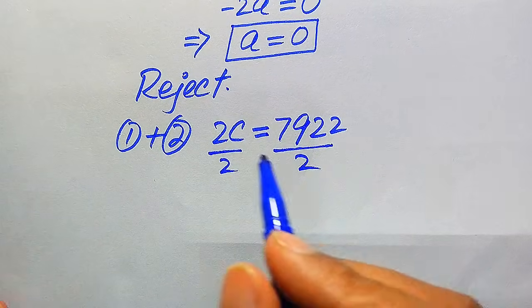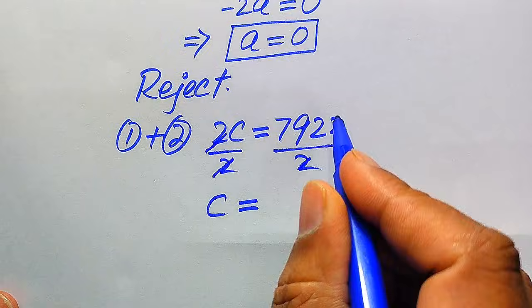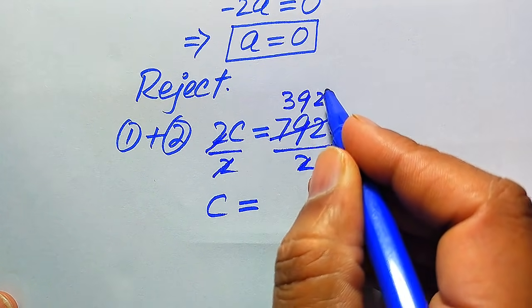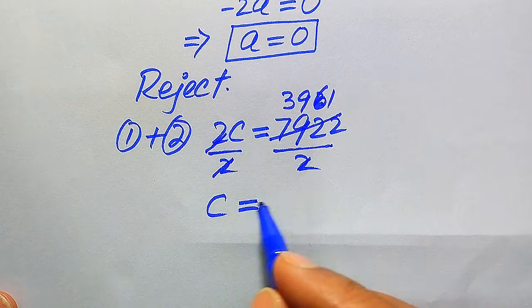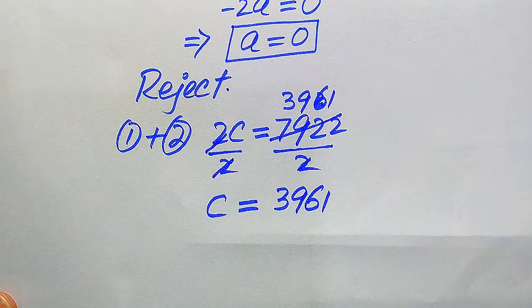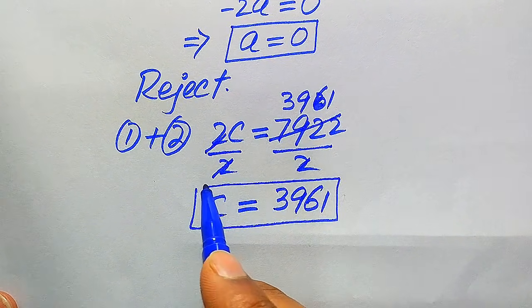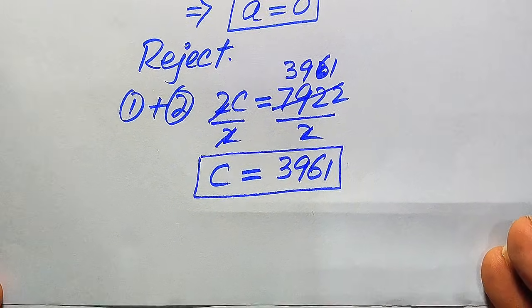When we divide both sides by 2, the 2 and 2 are gone, and we get c equals 3961. So the value of c is 3961, and this is the value of our hypotenuse.